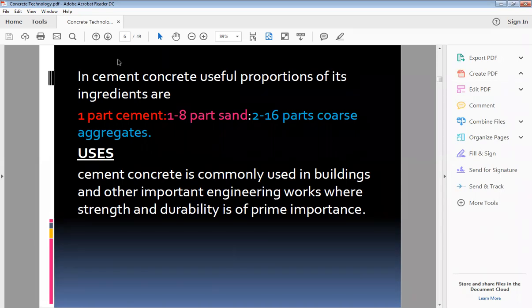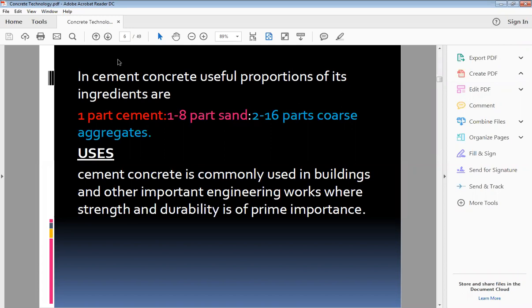Whenever we designate the concrete mix, it will be M20, M25, M30. They all have different ratios, for example 1:1:2, 1:1.5:3.